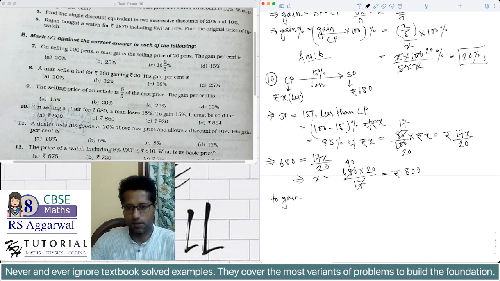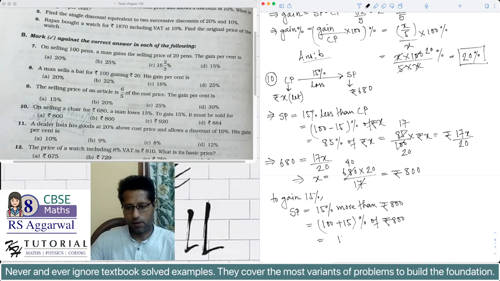So to gain 15%, we know that the selling price should be equal to 15% more than the cost price, which is 800. This is equal to 100 plus 15% of rupees 800. This is equal to 115% of rupees 800.